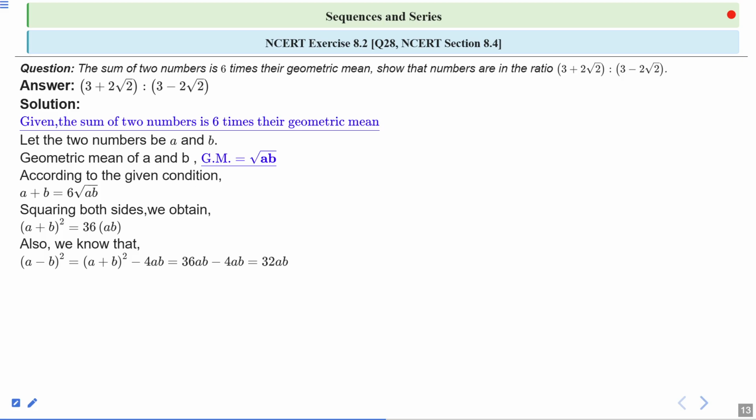Then you will get (a minus b) whole square equal to 36 ab minus 4 ab, which is 32 ab. From here you will get a minus b equal to the square root of 32 times the square root of ab. You can write the square root of 32 as 4 root 2, so a minus b equals 4 root 2 times the square root of ab.